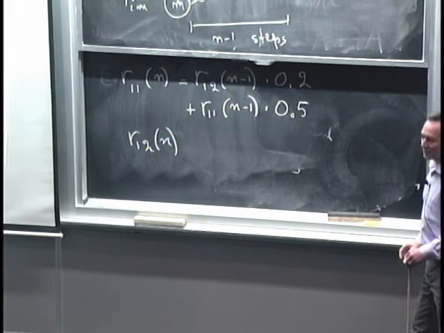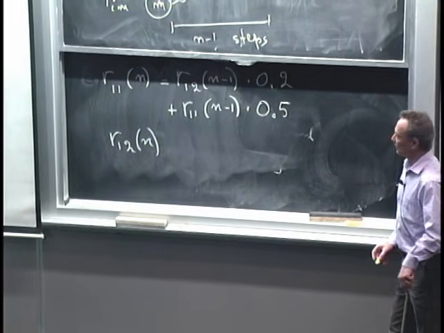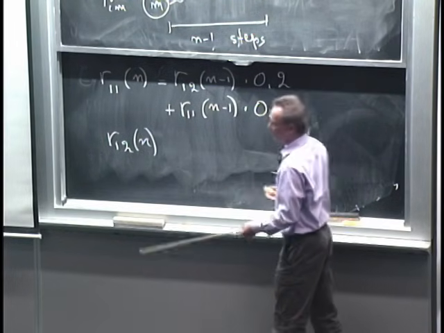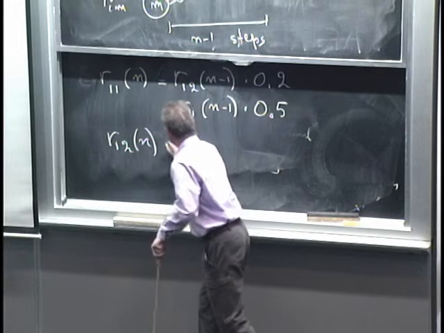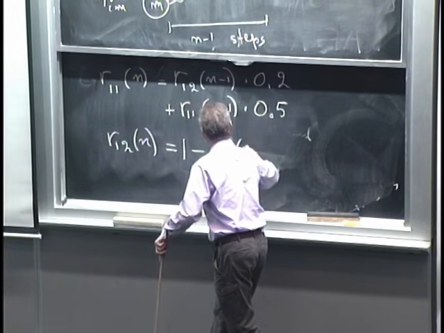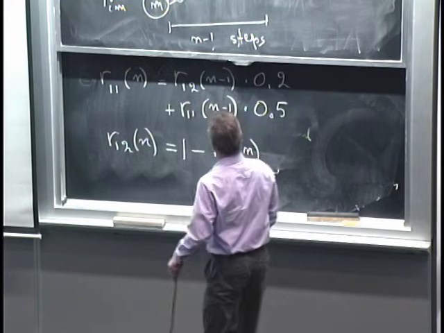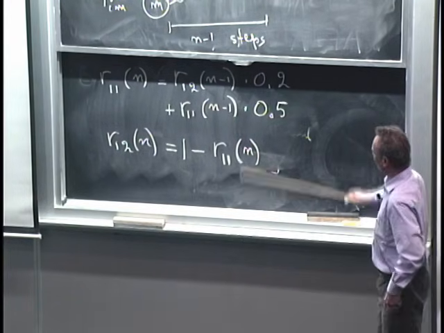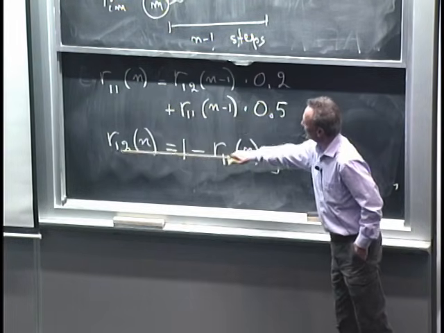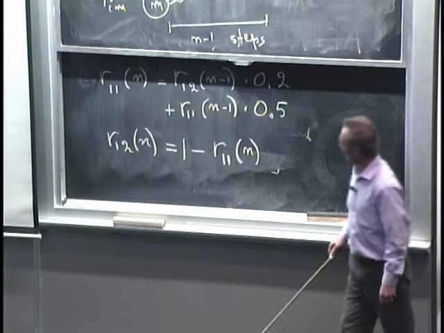On the other hand, since these are probabilities, the state at time n is going to be either state 1 or state 2. So these two numbers need to add to 1. So we can just write that this is 1 minus r11 of n. And this is enough of a recursion to propagate r11 and r12 as time goes on.